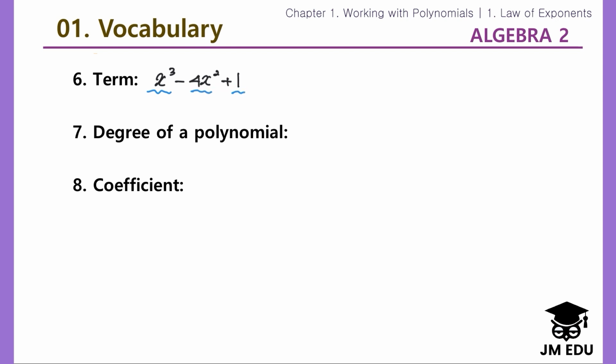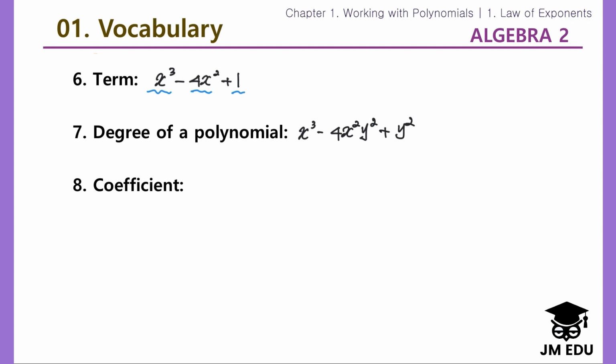Number 7, degree of a polynomial. Let's say we have a polynomial x cubed minus 4x squared y squared plus y squared. The degree of a polynomial is the highest degree of its terms. So we have 3 terms, and let's check the degree of each term.